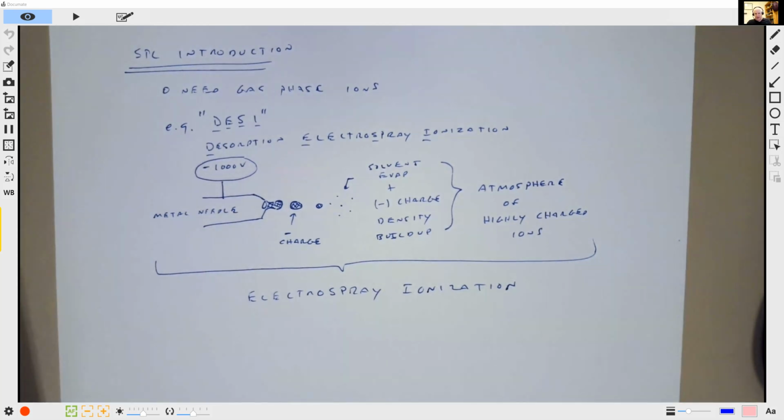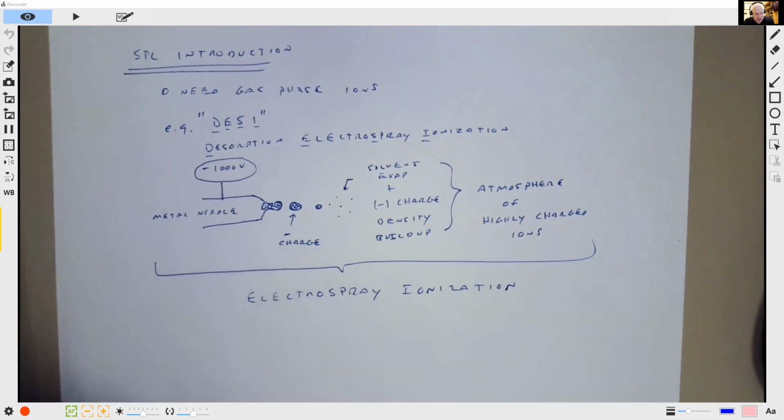But so electrospray ionization, and then there's electron impact ionization, which is not used when you have solvent. Electrospray ionization is a high pressure type of thing.